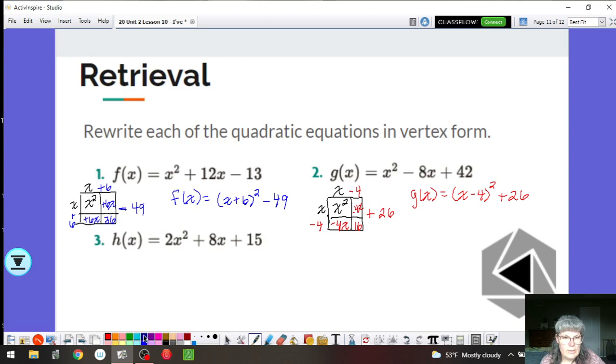And for number 3, we see that we have a 2x squared, so let's do 2 squares, each of them with an x squared. We have 4 rectangles to divide the 8x, so that's 2x in each.